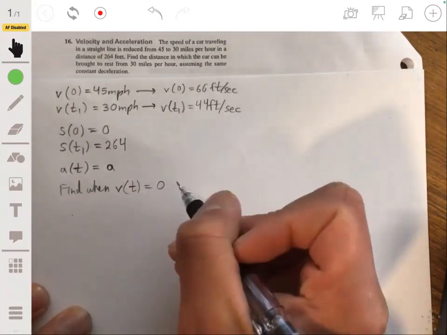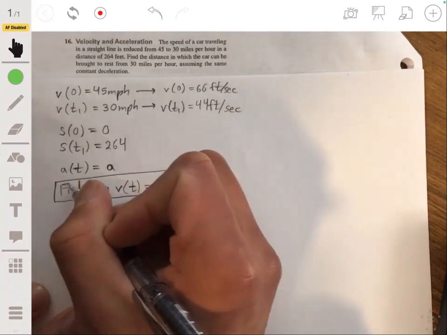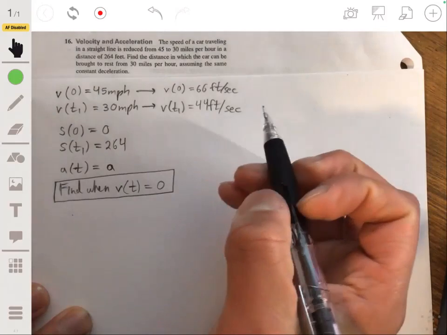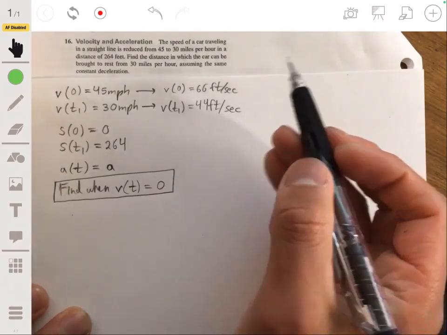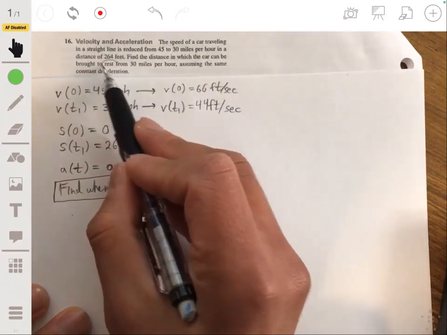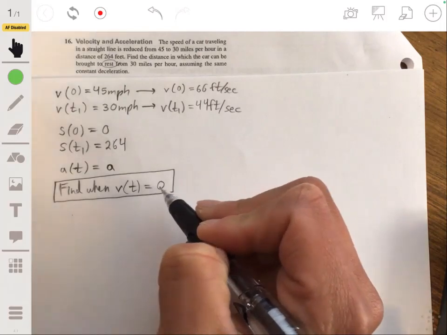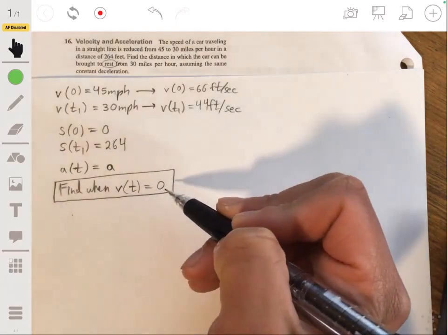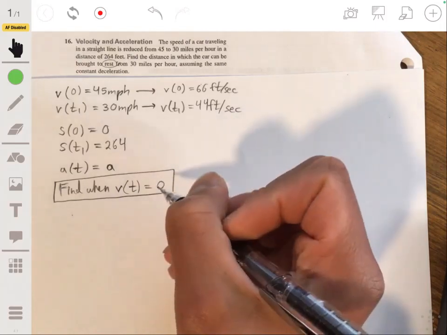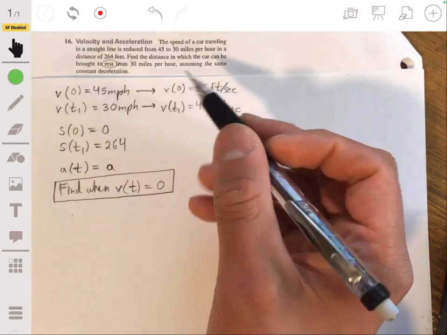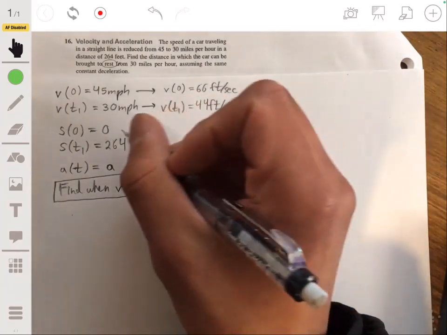This is ultimately what we want to figure out, because that's when it's brought to rest. If we can figure out the time that its velocity is 0, from there we can then figure out how far it's traveled.